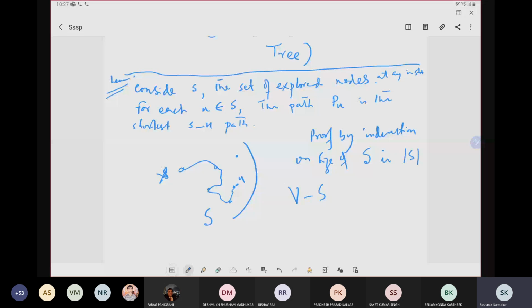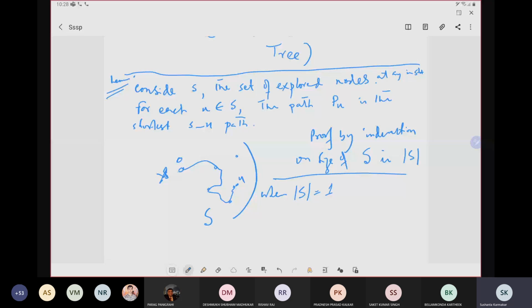On the size of S. When the size of S is equal to 1, what is it? The vertex is the source itself, and it is at a distance 0 to itself. Capital S has no other node, only the source vertex.